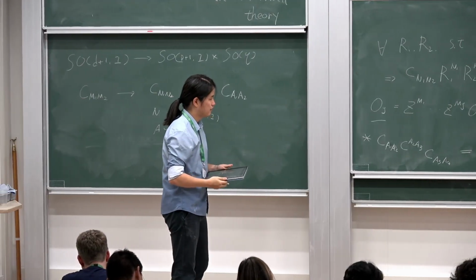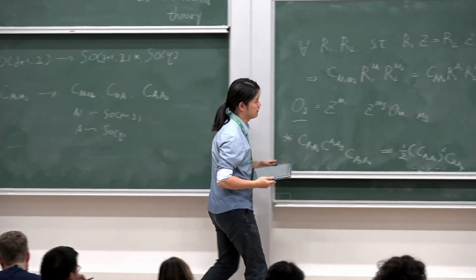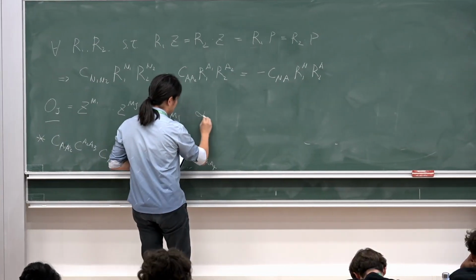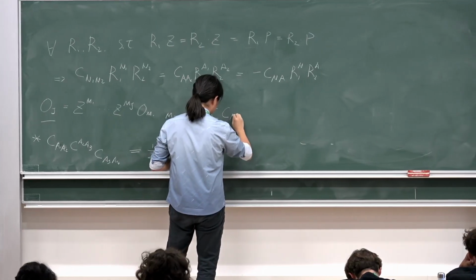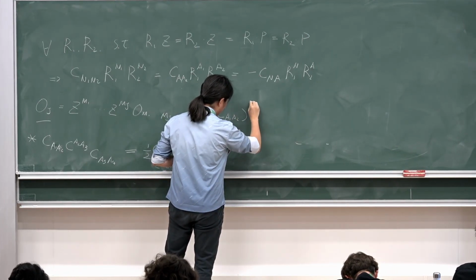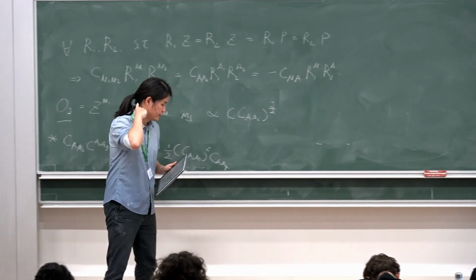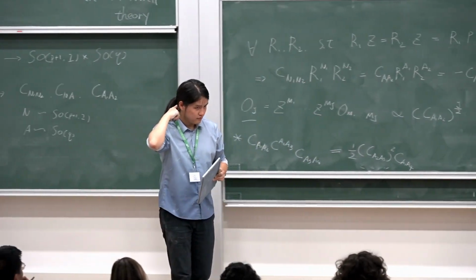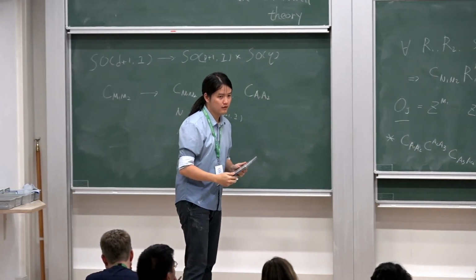And this means that this polynomial is nothing but this object to the power of j over 2. Okay?